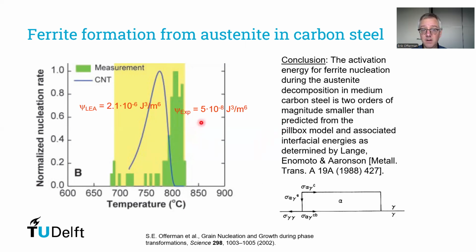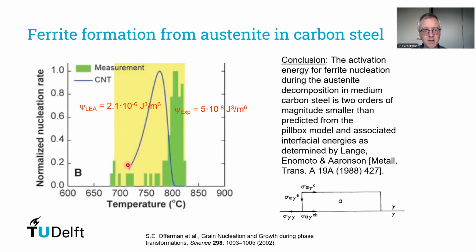So we did that during ferrite formation from austenite in a carbon steel during continuous cooling. And what we observed was the nucleation rate as measured did not match with the classical nucleation theory if you fill in the typical values of the pillbox model with the typical interface energy values.